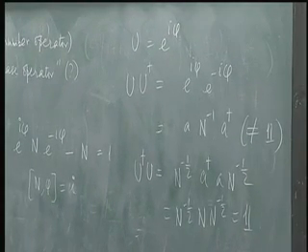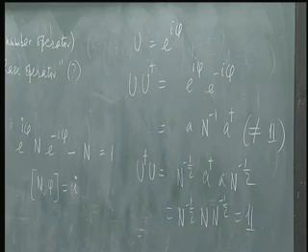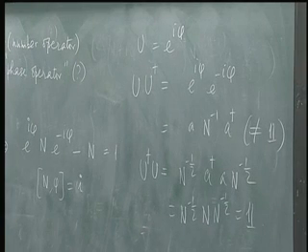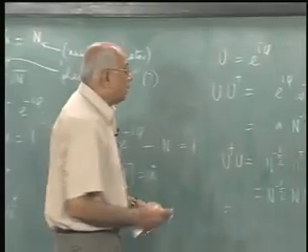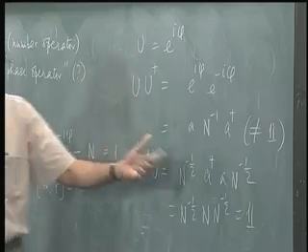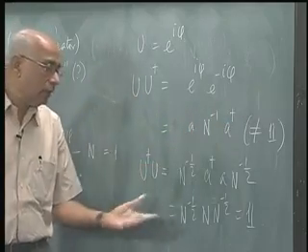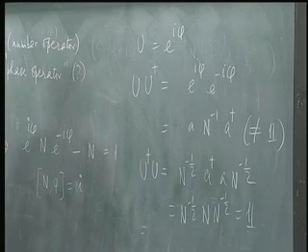There is no guarantee that if there is a left inverse there is also a right inverse, and if something is unitary you require not only that U U dagger be equal to 1, but also U dagger U be equal to 1. But with this set of operators you end up with U U dagger is not 1, but U dagger U is the unit operator. So you begin to see there is already a problem.